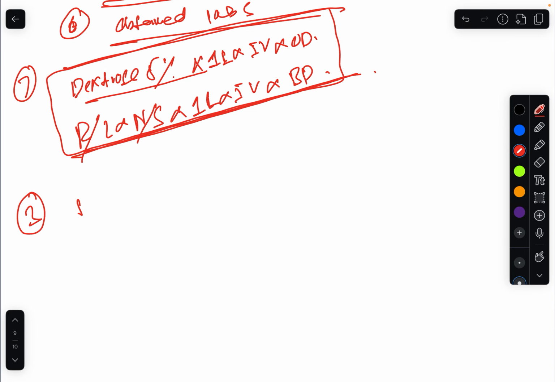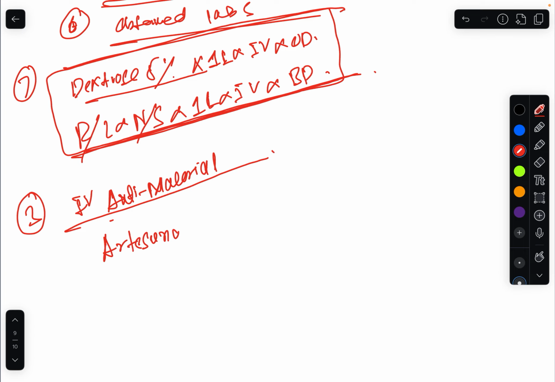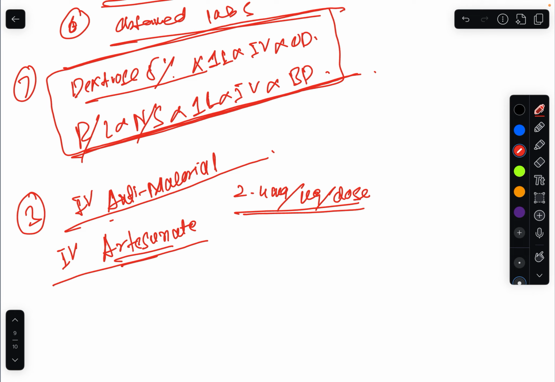Then we will give IV anti-malarial, and the drug of choice is IV artesunate. The recommended dose regimen is 2.4 mg per kg per dose IV stat.